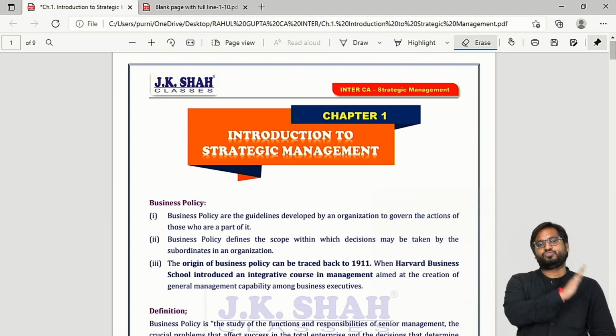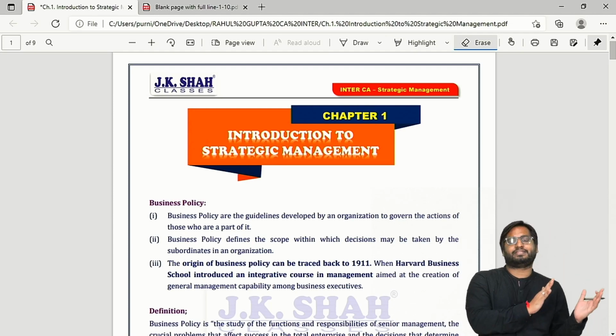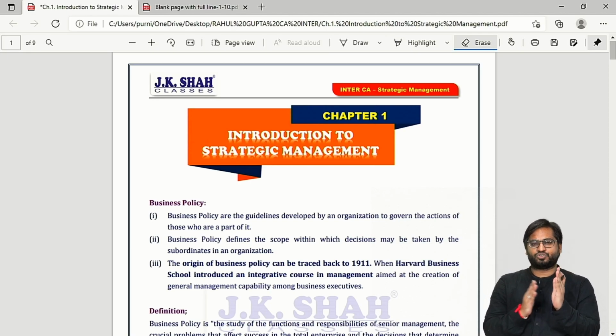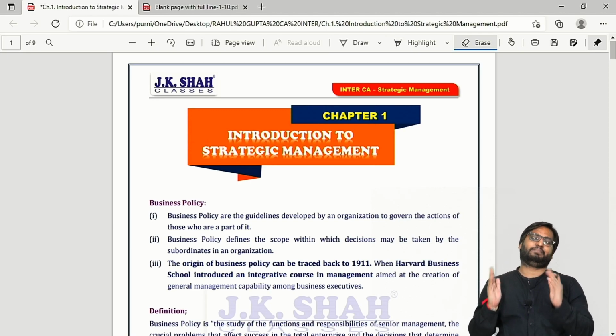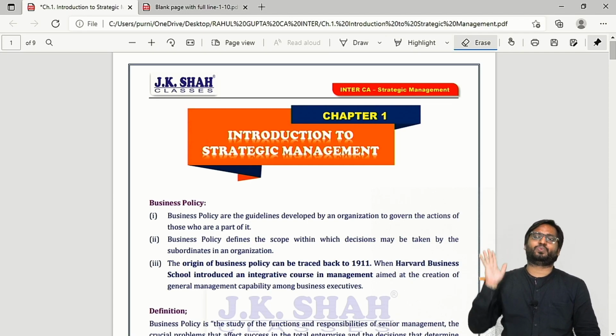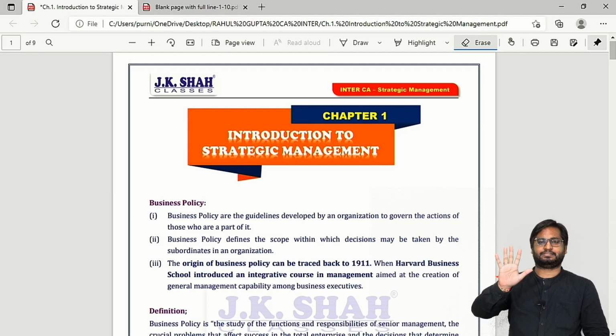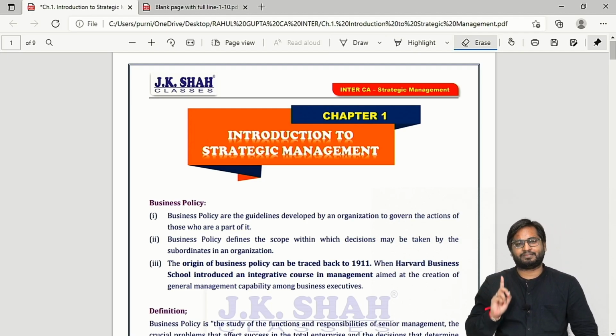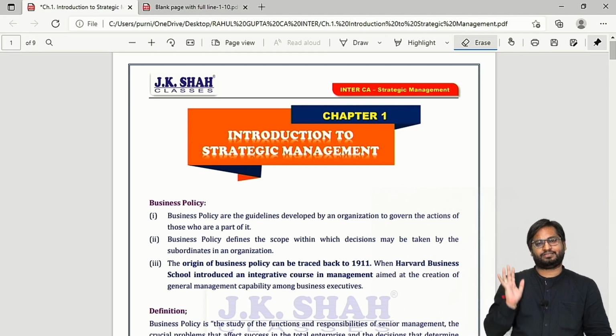Question number 1 to 5 will form part A, that is enterprise information systems. So from question 6 to question 10 will be your SM paper. Question number 6 is a compulsory question of 5 marks. Question number 7, question number 8, question number 9, question number 10.